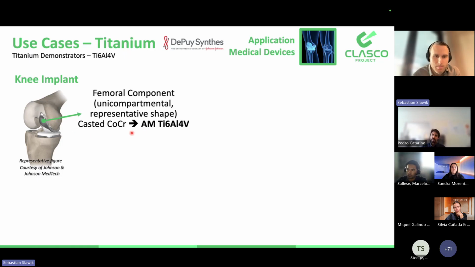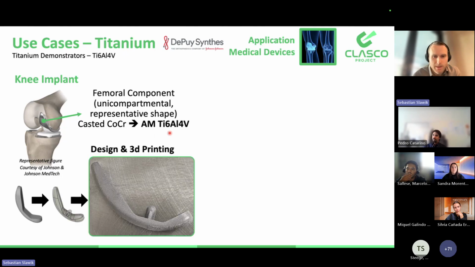Glasgow would like to replace that by an additive manufactured titanium alloy, which is of course by the material already more sustainable. And first, what we did, we optimized the design of the part. And this is the final use case part. And of course, what you want to achieve there is better functionality in friction and biocompatibility.